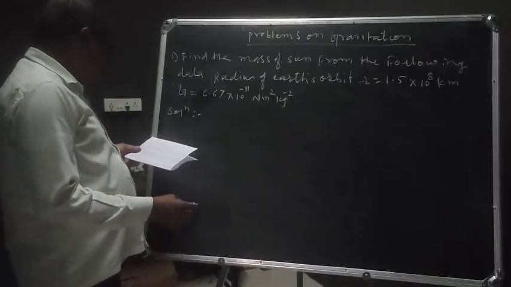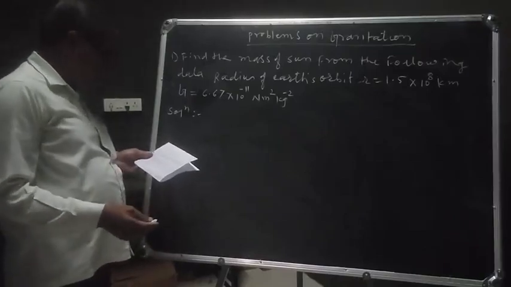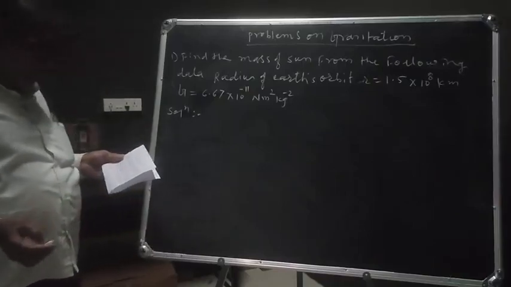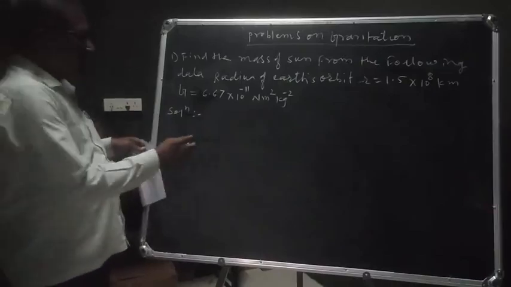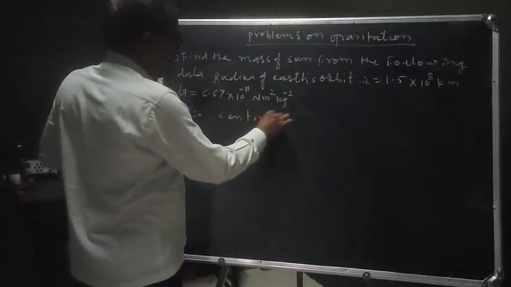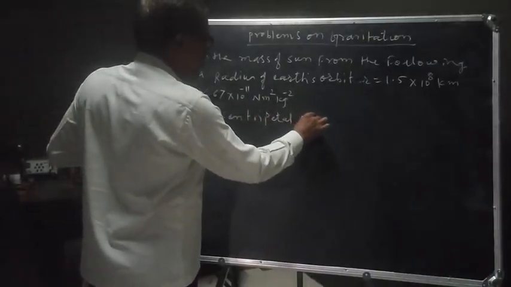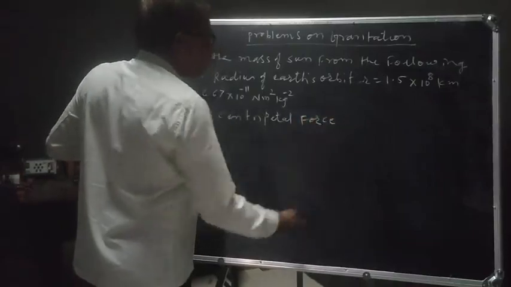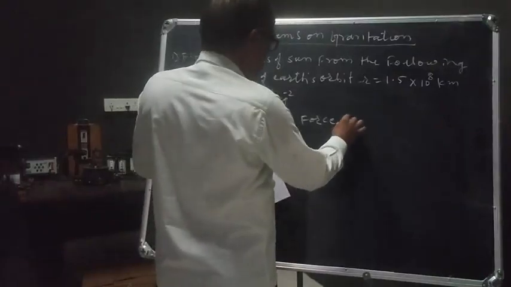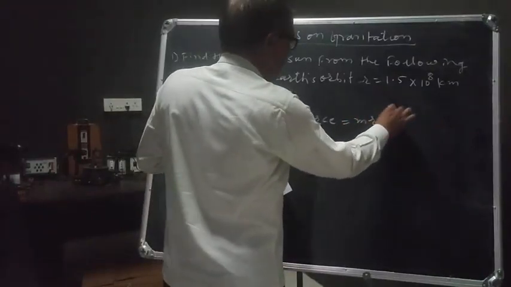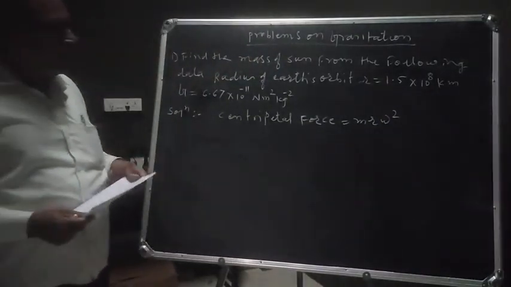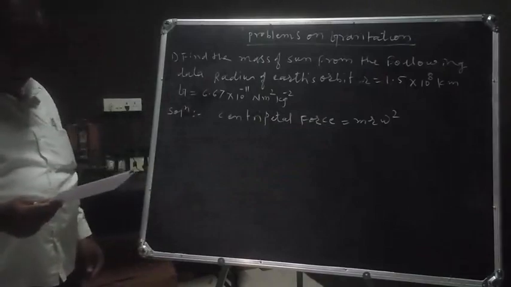The gravitational force of attraction between the sun and Earth of mass m is balanced by the centripetal force, and it is given by centripetal force equals m r omega square. Here in this formula, omega is the angular velocity of the Earth.